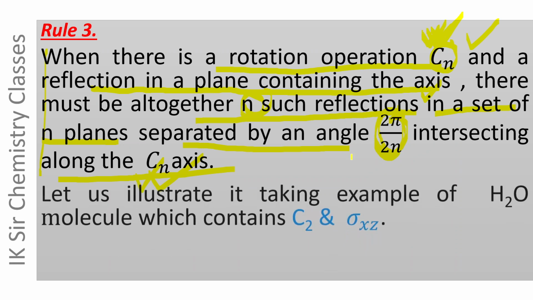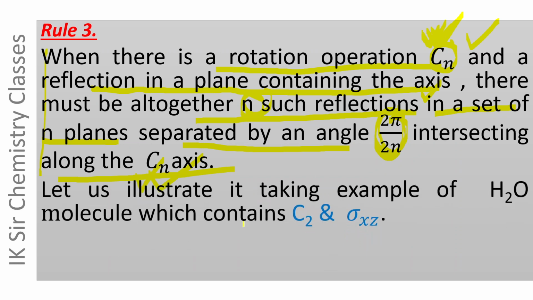Let us illustrate it taking the example of H2O molecule which contains C2 and sigma xz, which is the molecular plane. It is a plane of symmetry. Then sigma xz multiplied by C2z is equal to sigma yz.